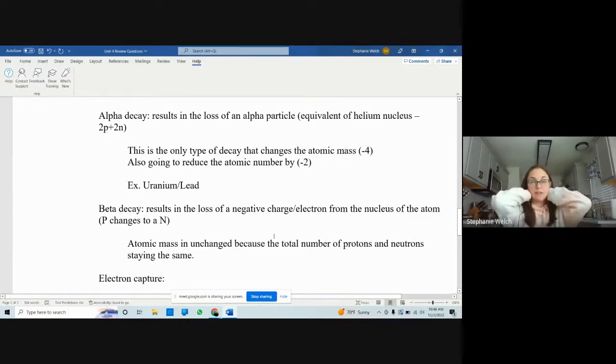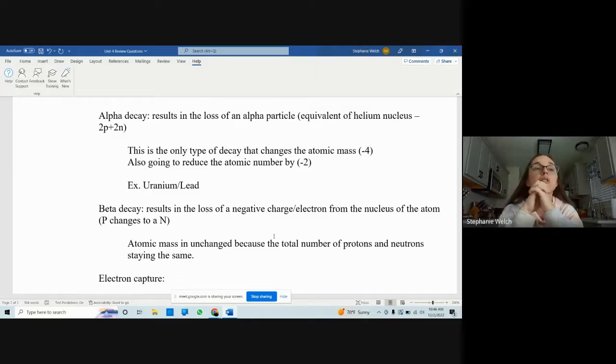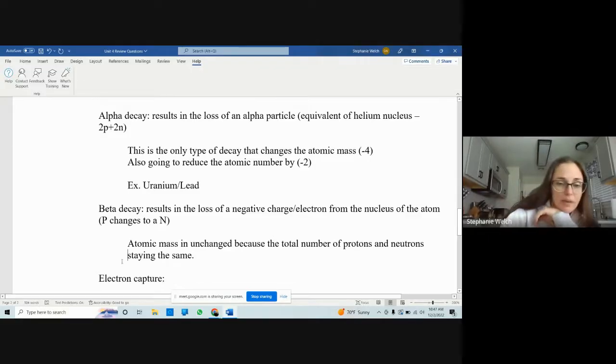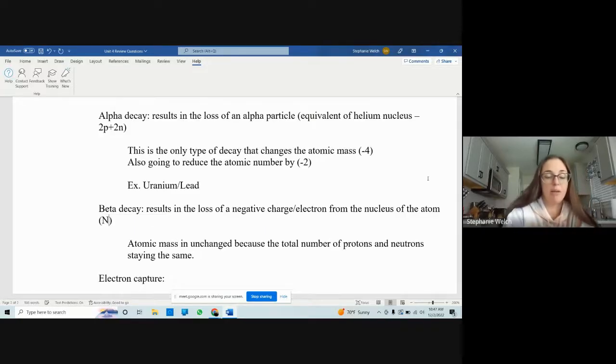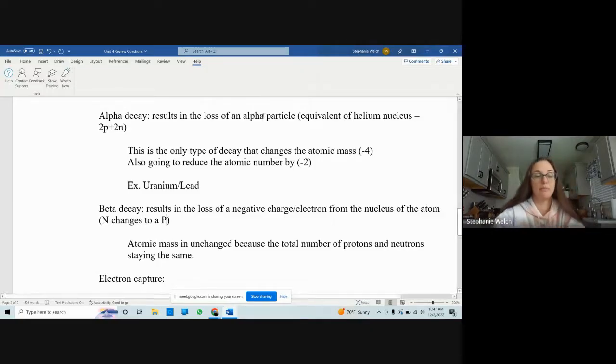If you had something like radiocarbon with 14 protons and neutrons, but one of those protons gets changed to a neutron, then what's going to happen here? I'm sorry. I know I messed this up. Okay. What's happening here is it's becoming more positive. So the neutrons actually change to a proton. My apologies.